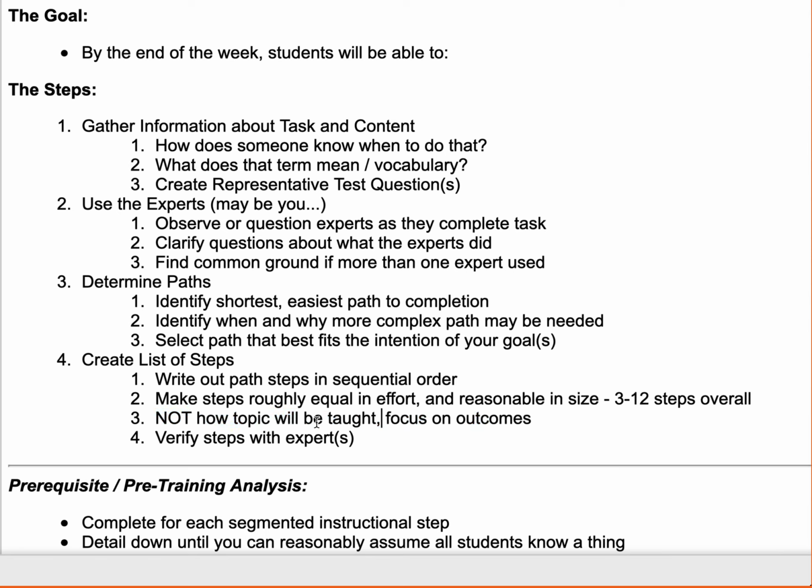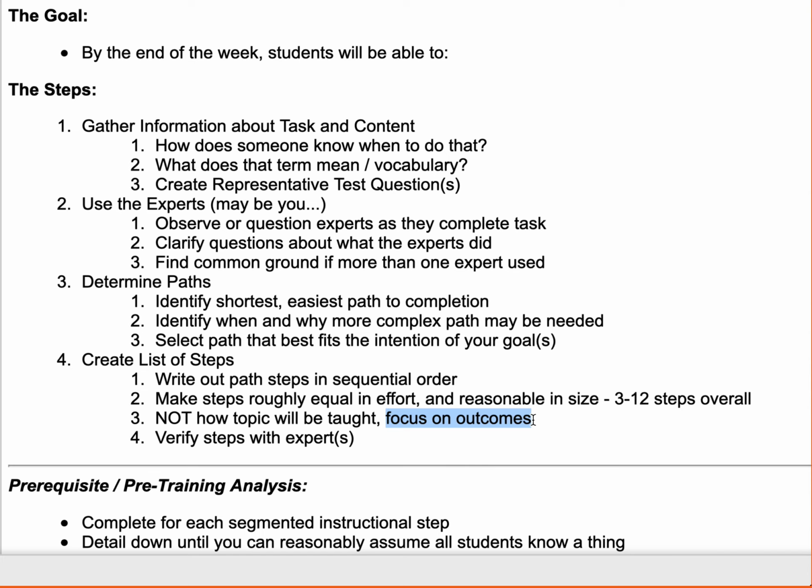It would be more like the students will develop an understanding of this thing. The way they'll do that is by reading a chapter or looking at a handout or reading a website or something like that. But for the steps, you want to focus on what the student will be able to do at the end of each step. So at the end of this step, they will be able to do this. And at the end of this step, they'll be able to do this.